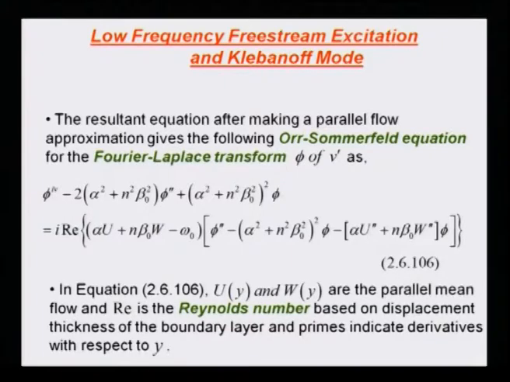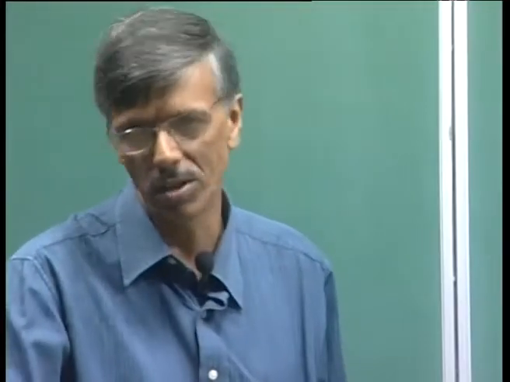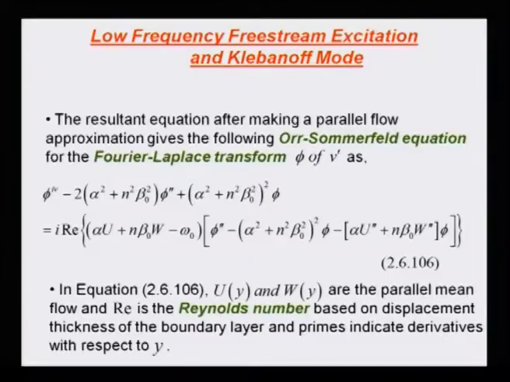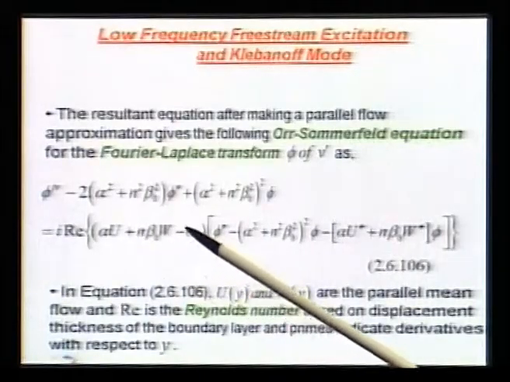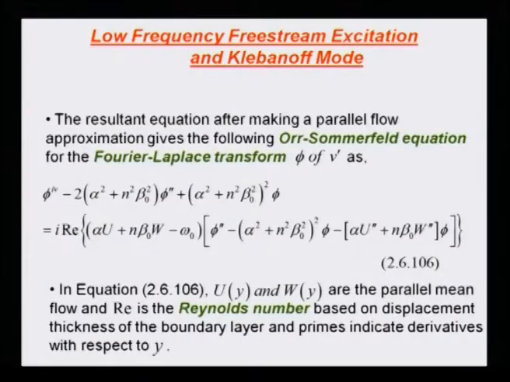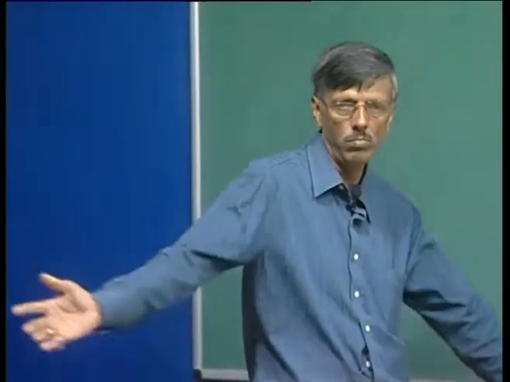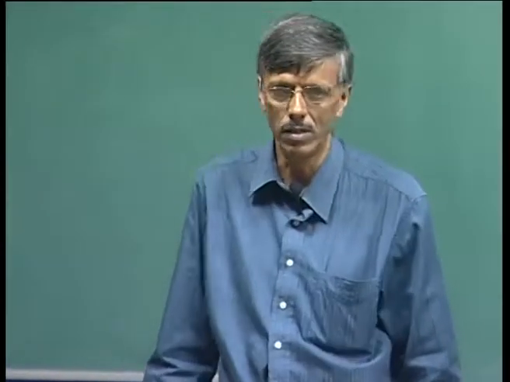So, what have you done? You go through the same exercise. Instead of saying the disturbance field is 2-dimensional, you are talking about a 3-dimensional disturbance field. Okay? And then your mean flow has, let us say, two components, capital U and capital W. So, you are talking about a formulation here where the mean flow also could be 3-dimensional.